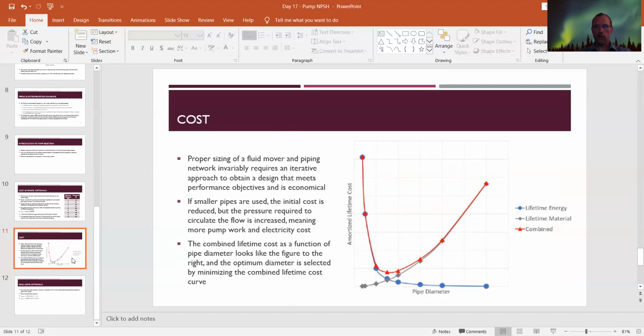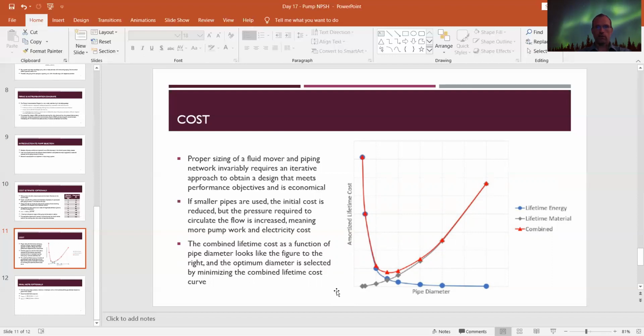My lifetime energy cost, as the pipe diameter increases, is going to decrease because, as I said, larger diameter, less friction, easier to get it through there, so less energy as I go up. But as we saw from the table before, as pipe diameter goes up, this green line is my material cost, and the material of larger diameter pipes costs more, as we can see.